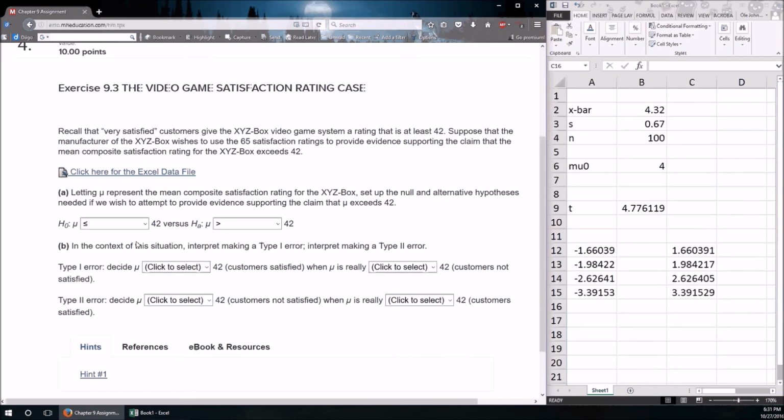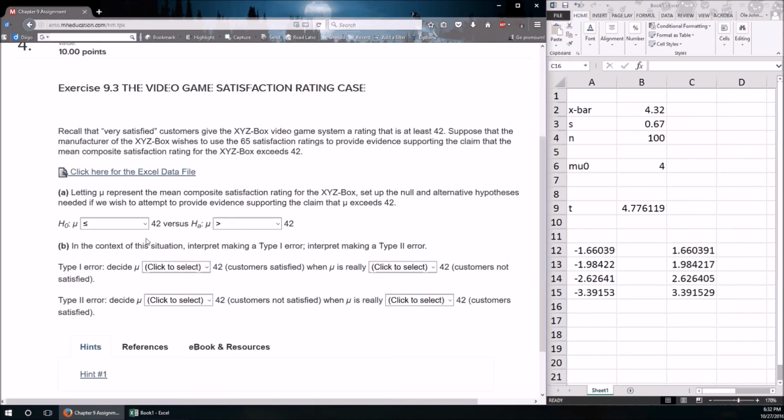Now, in the context, making a type 1 error: always a type 1 error is rejecting a true null hypothesis. That is, concluding that mu is greater than 42, except that it's actually less than or equal to 42. A type 1 error is always rejecting a true null hypothesis.